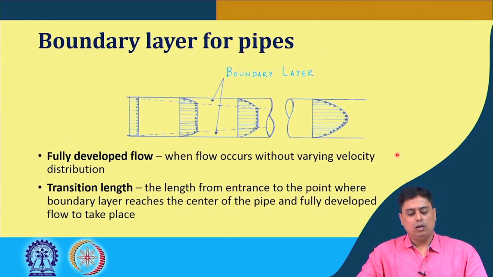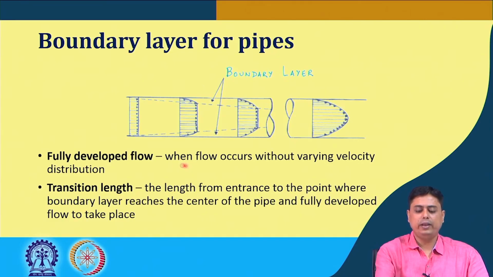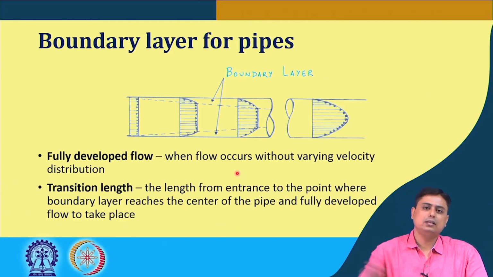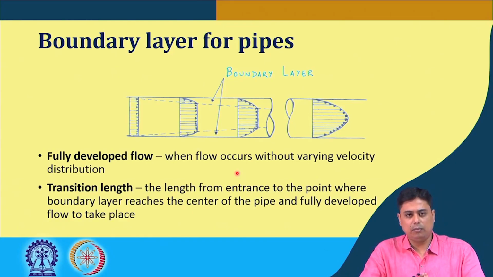So, the fully developed region is where the boundary layer coincides at the central line of the fluid, and that is when the flow profile does not vary with distance from the inlet to the outlet. From that point onward, the flow profile is fully developed, and the velocity distribution is not changing along the axial length of the pipe or the conduit.